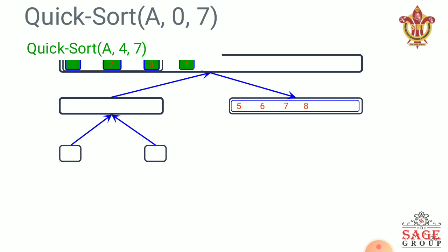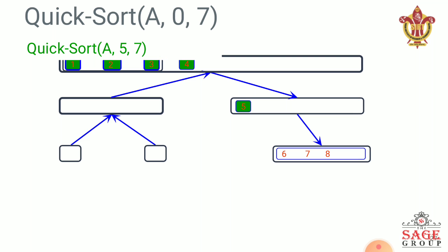We apply quicksort separately, or in parallel, on the higher indices 4 to 7. In 4 to 7, 5 is treated as the pivot element, and the remaining are the i and j indices. We apply the same divide procedure recursively, and we see that the elements here are already sorted.